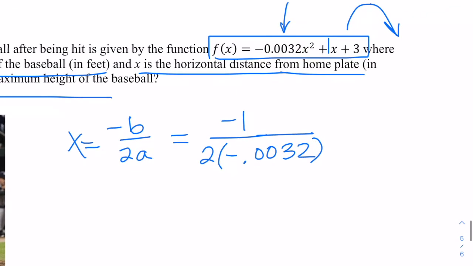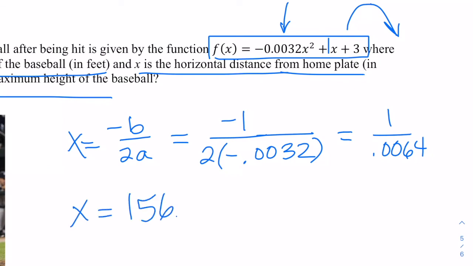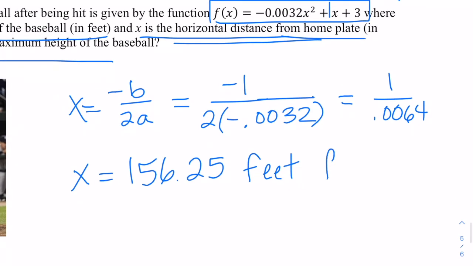Now the negatives will cancel each other out, so we'll have 1 over 0.0064, which equals 156.25 feet. And remember, that's the horizontal distance from home plate.